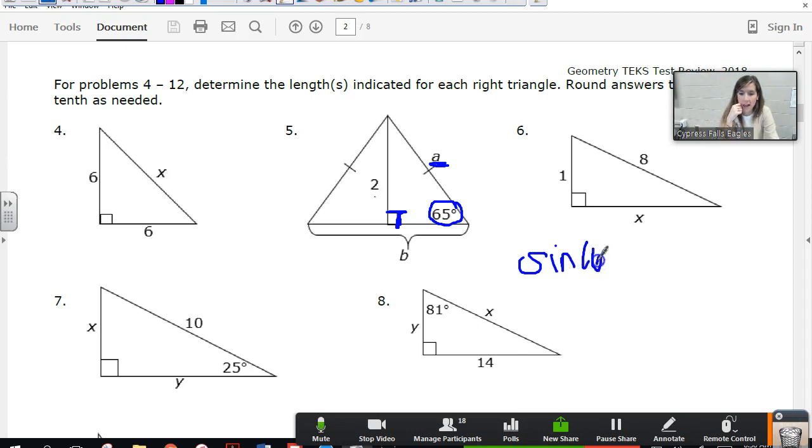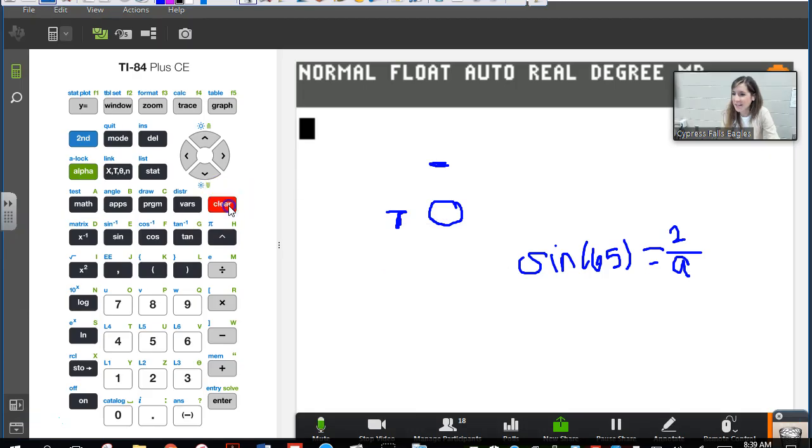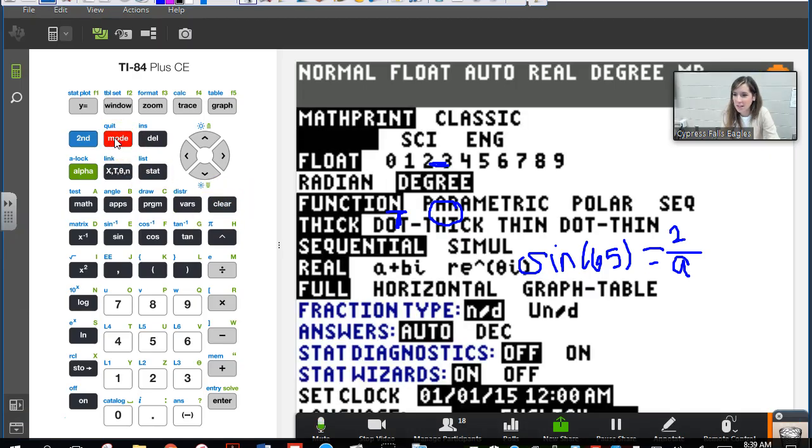You always put the angle in parentheses. Equals opposite over hypotenuse. Where's the variable? Denominator, divide. So the first thing we want to do with trig is make sure our mode is in degree mode. You can see that mine is in degree mode because degree is darker.